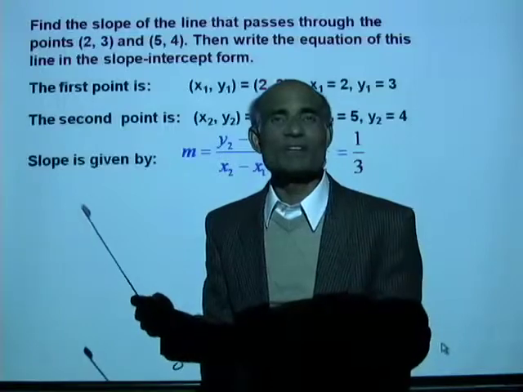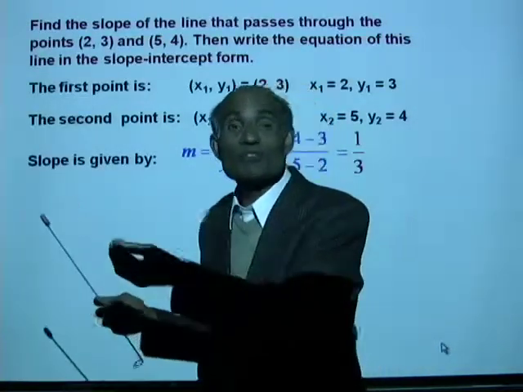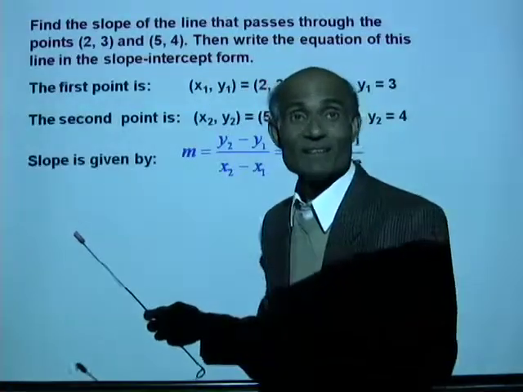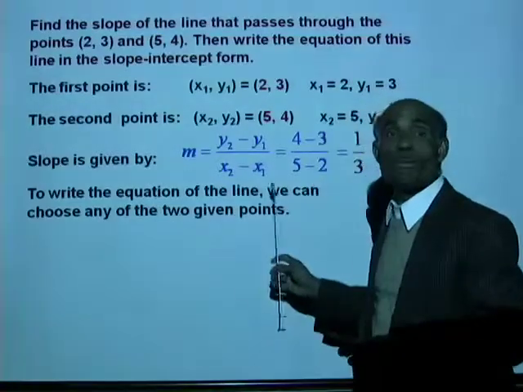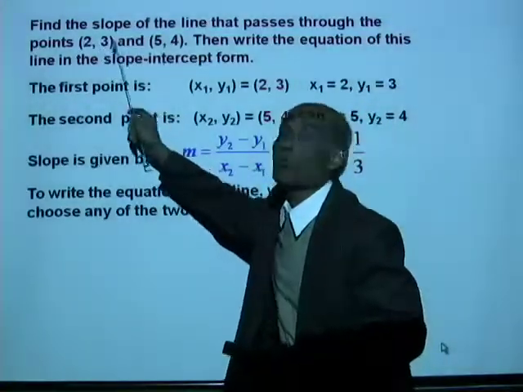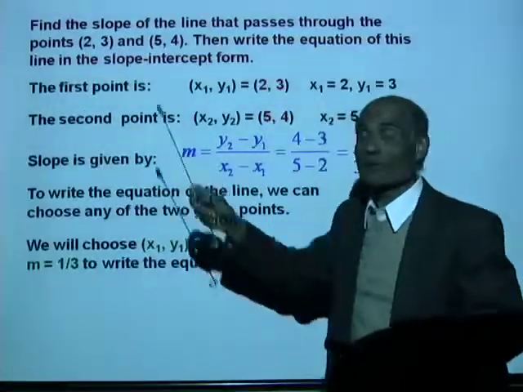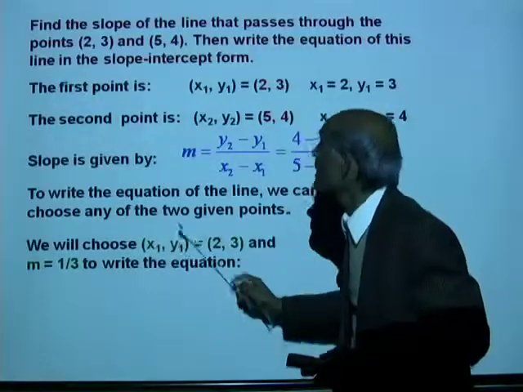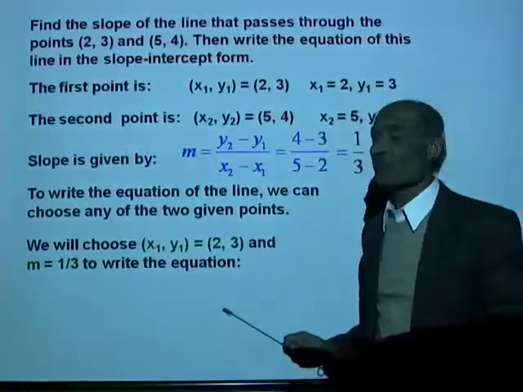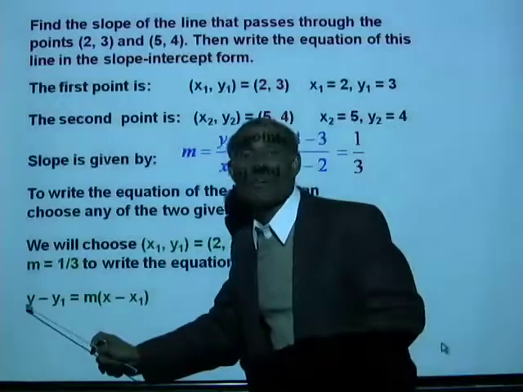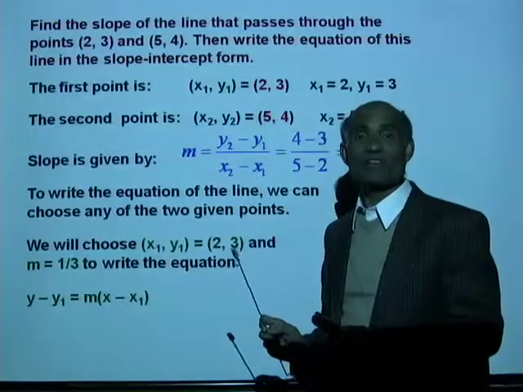What is that equation? y minus y1 equal to m times x minus x1. Is that right? Yes. So to write the equation, we can choose any of these 2 points. You can choose either this or this as the point we want. So we will choose x1, y1 equal to (2, 3), and the slope m equal to 1/3. Our equation is y minus y1 equal to m times x minus x1.